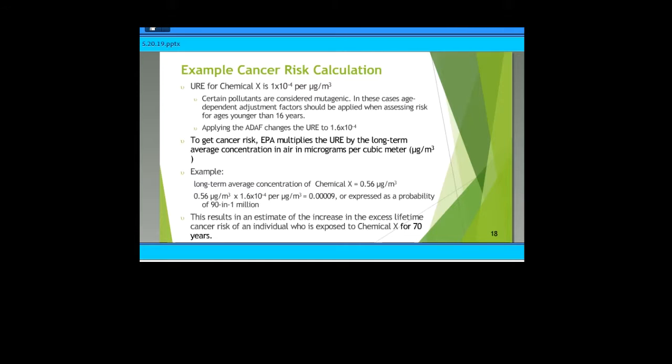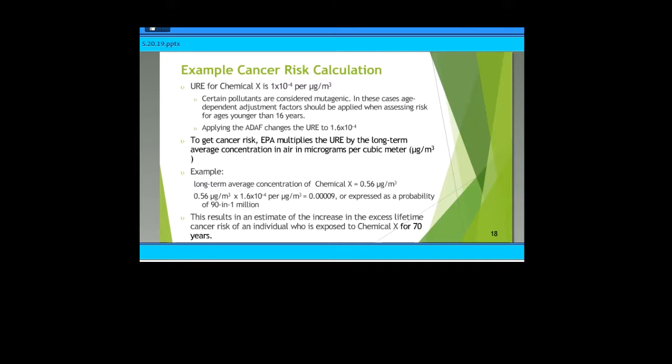If you're a math person, you'll see right away that those units drop out, and what you end up with is 4 zeros and a 9, which is essentially 90 in a million, and it's a probability, so it's unitless. Did I say 4 nines? 4 zeros and a 9, thank you. So that risk is, for example, 90 in a million, or 9 in 10,000. It depends on how you like to do the math.